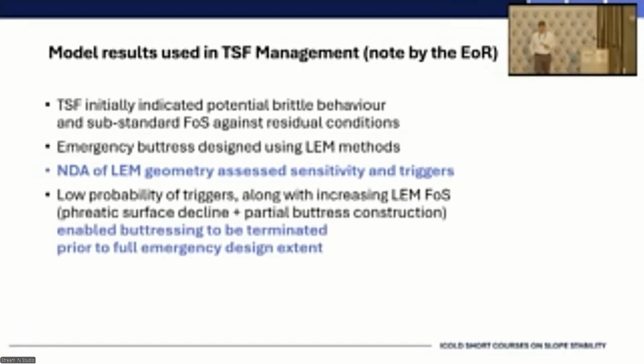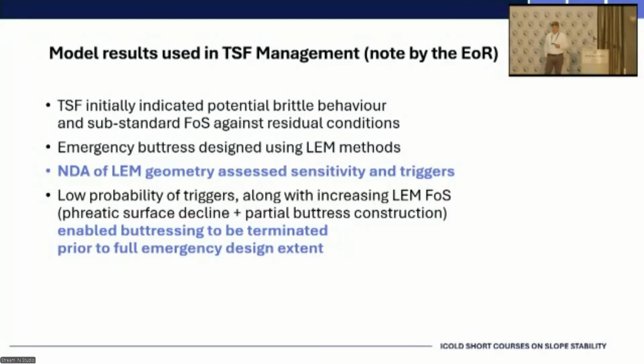It was found that there was a low probability of triggers to happen, along with an increasing limit equilibrium method factor of safety because of the steady phreatic surface decline, remember the vertical gradient, and the partial buttress construction, and this enabled the buttressing to be terminated prior to a full emergency design extent.